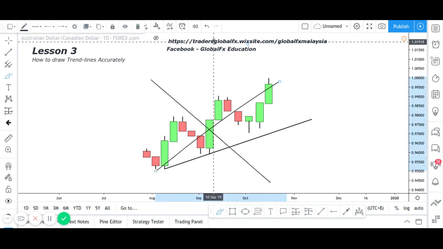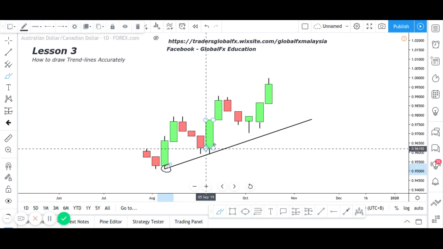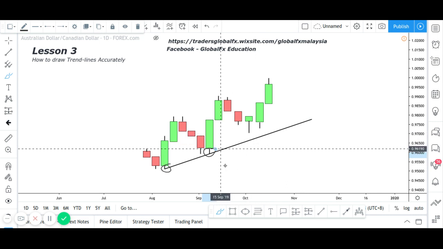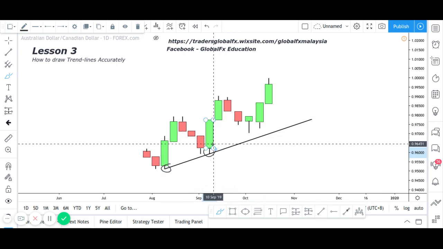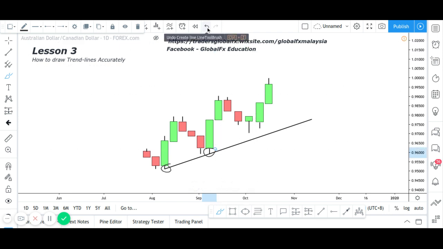This is a no-no. This is definitely not a good way to do it. Why? Because yes, we have one touch over here, and we have a second touch over here, but that doesn't give us any confluence in the market or any accurate market that we are trading in.